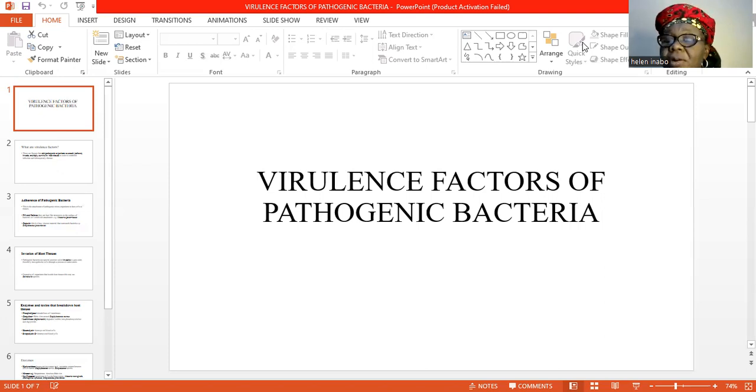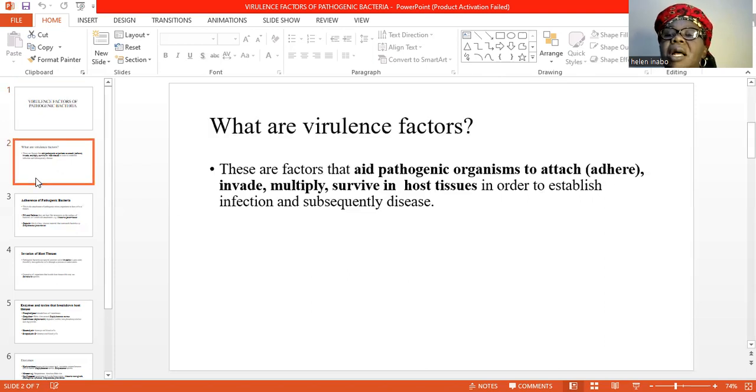What are these virulence factors? The virulence factors are both structural and non-structural factors which help pathogenic organisms to adhere, invade, multiply, and survive in host tissues in order to establish infection and subsequently diseases.